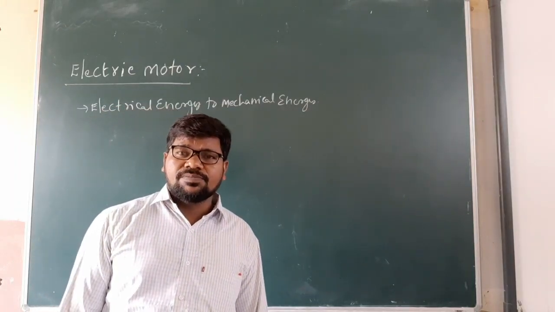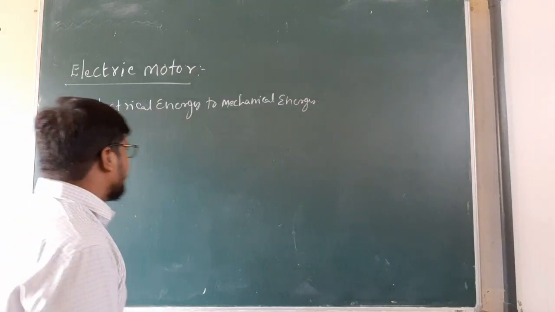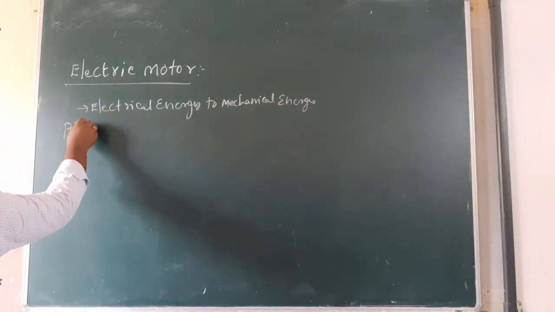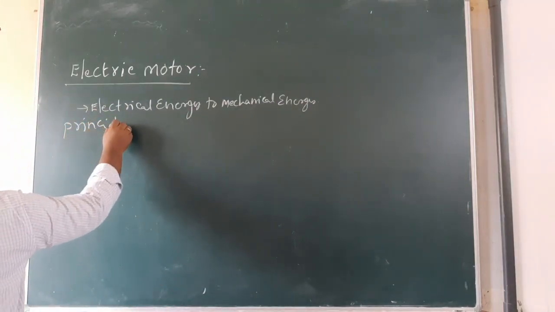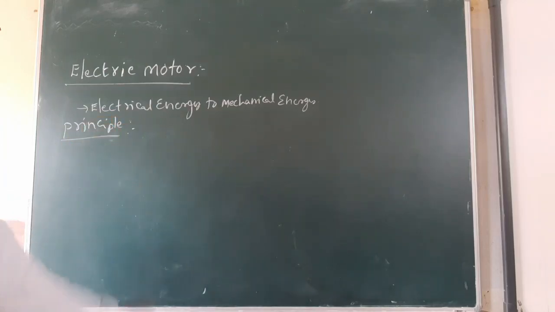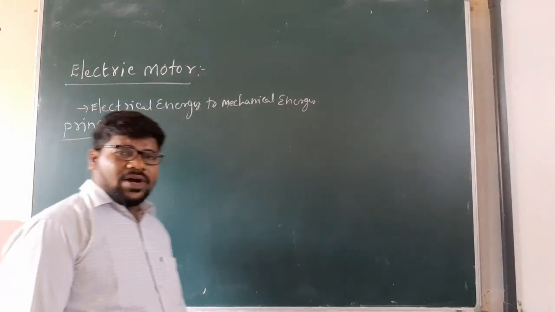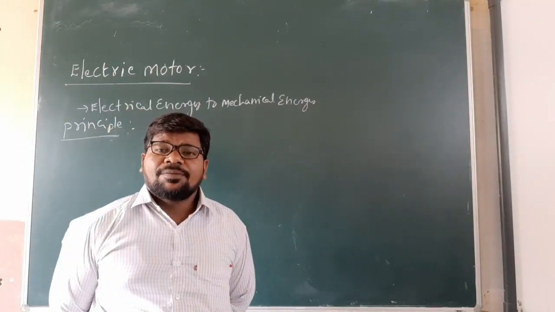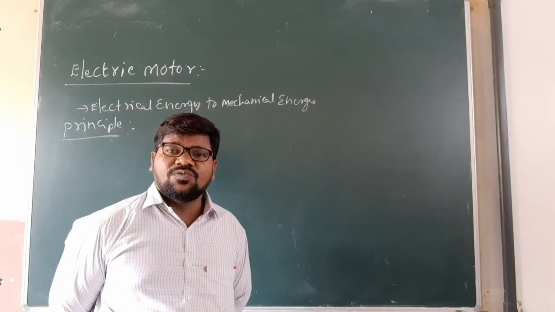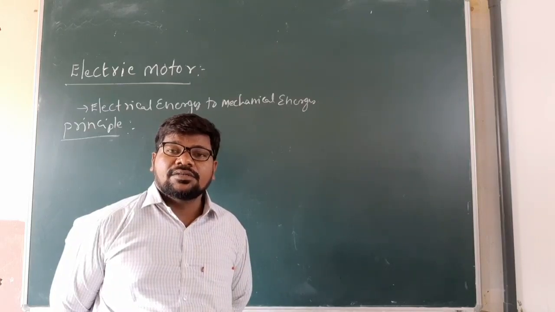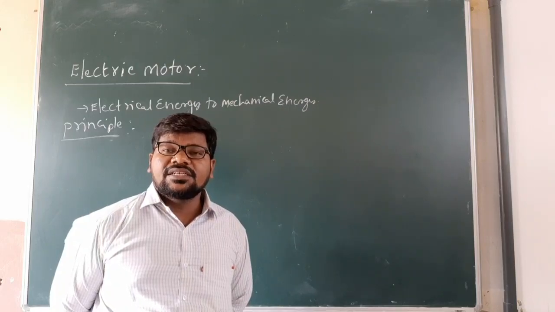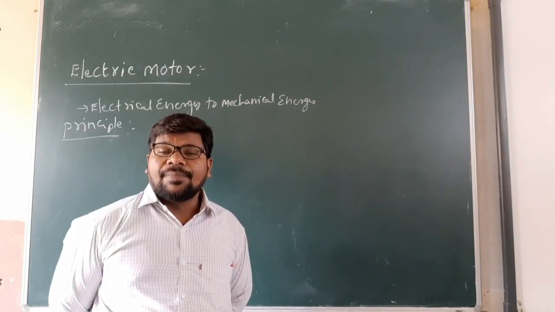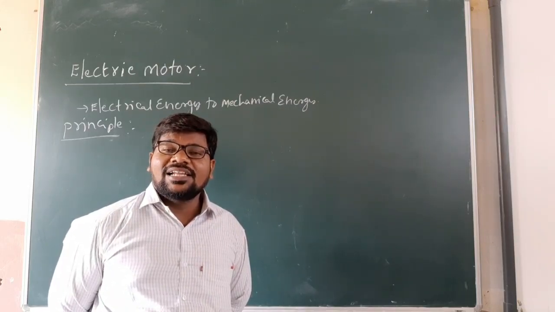So what is the principle of the electric motor? See here, the principle of the electric motor is: when a current carrying rectangular loop is placed inside a magnetic field, the coil will rotate.